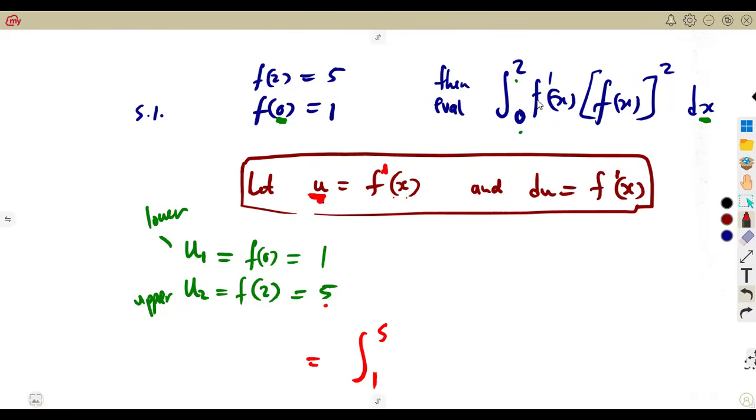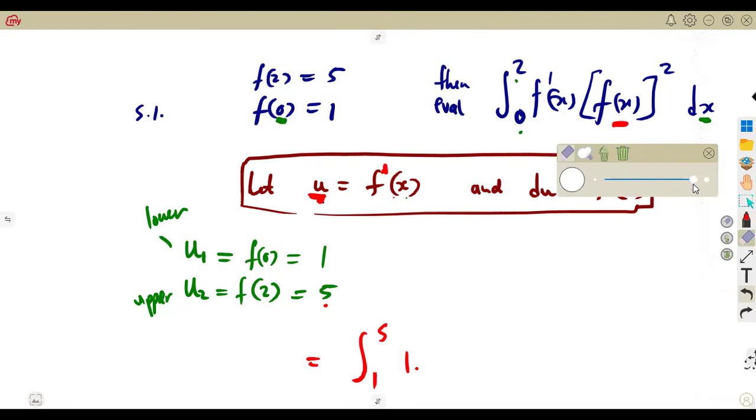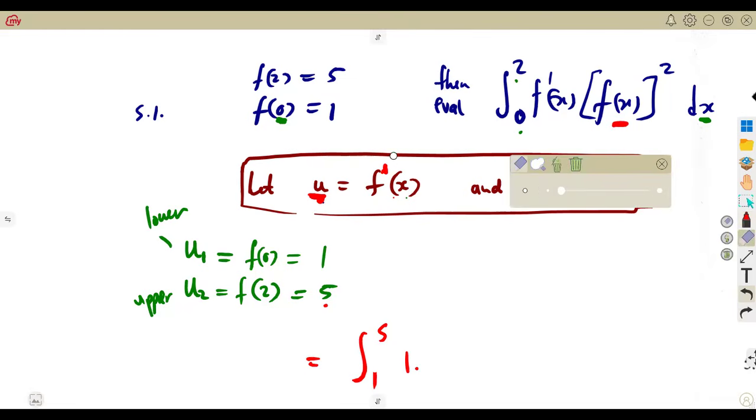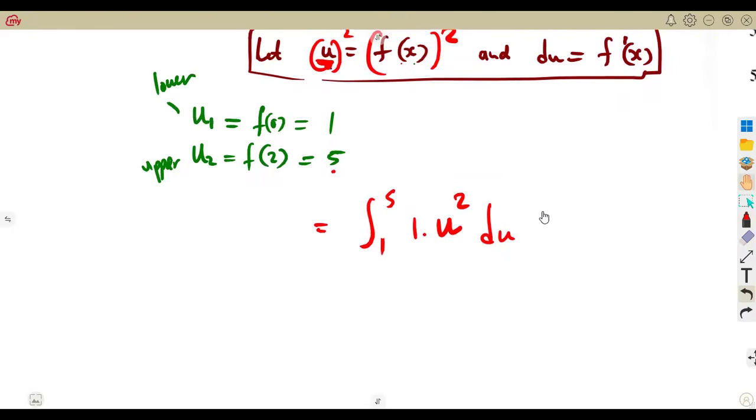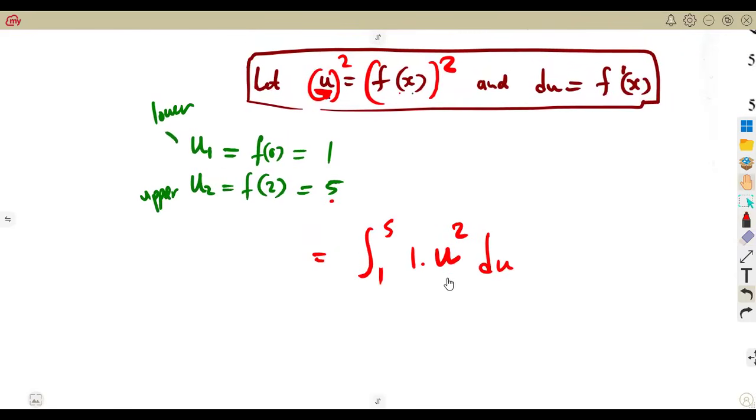So you'll find out the part of that first derivative. It was going to be just like a 1 like that. Then we've got f of x squared in terms of u. F of x as it was originally, your f of x from this concept, your f of x is u. So if you square it, you're also squaring this. So this will be u squared, with respect to u. It's a new question now that has to be integrated in terms of u.